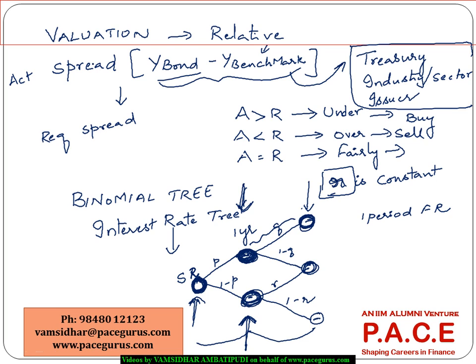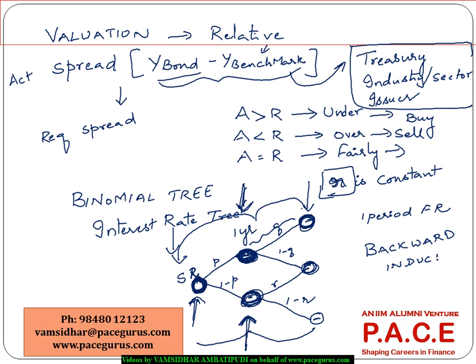So this particular process, where I start with the last period's cash flows, working backwards node by node and determining the present value of that security, is what we call the backward induction methodology.